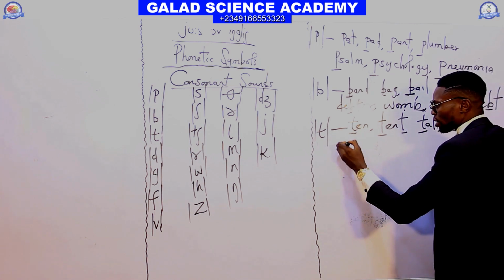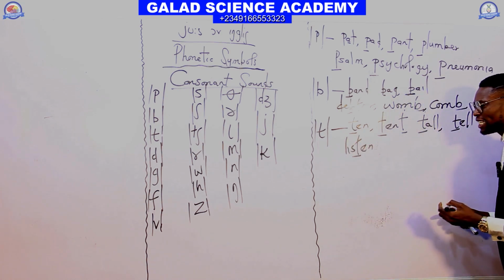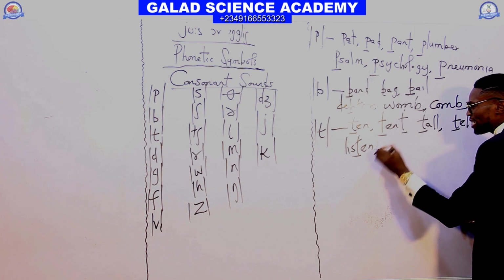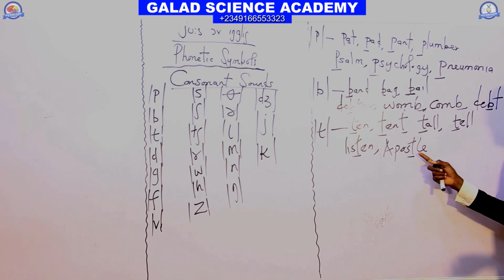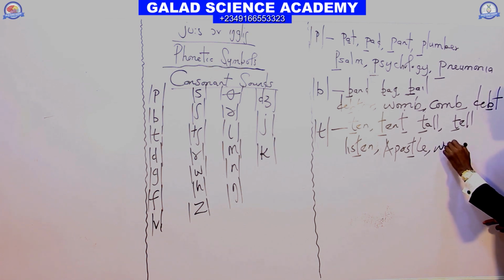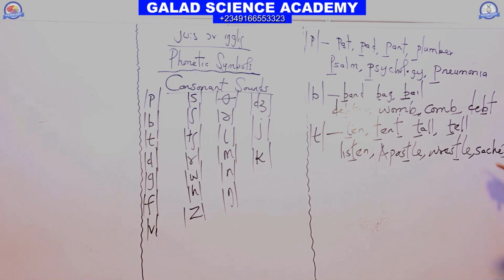But when it is voiceless, like we have in this context of saying listen. What's happening to this T? It is voiceless. Just like I have apostle. What's happening to this T? It is voiceless. Where I have wrestle, I won't pronounce the T, I will call it wrestle. The T is voiceless. Like I also have sachet.